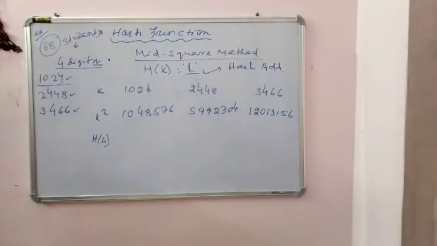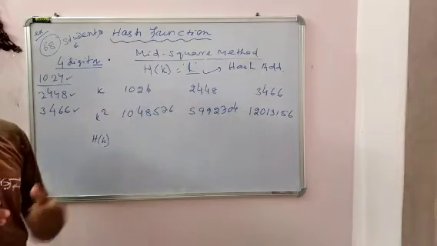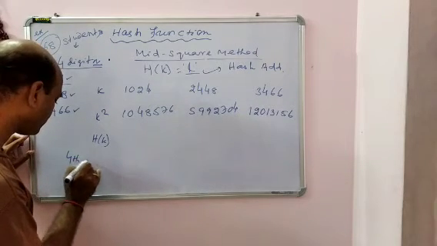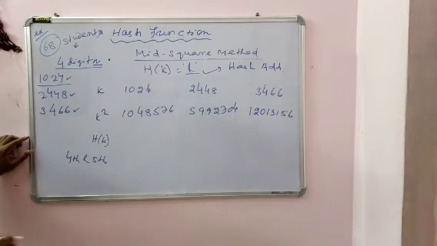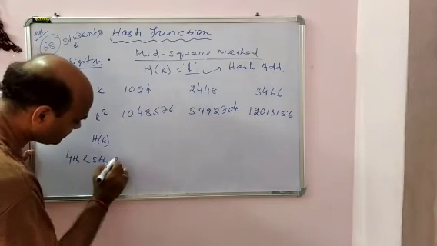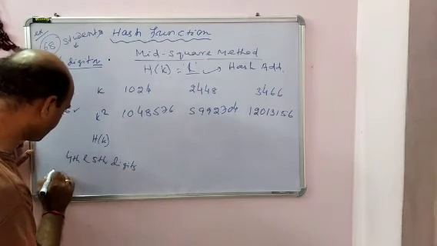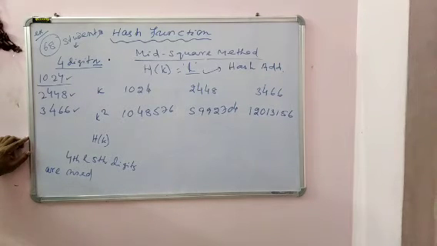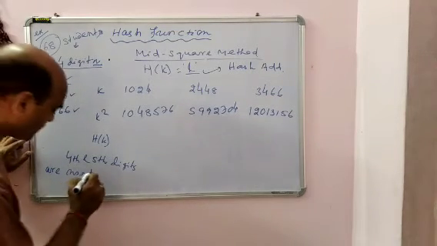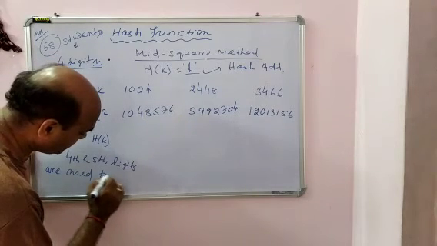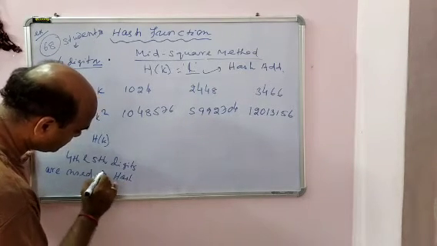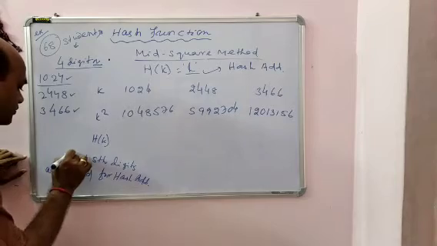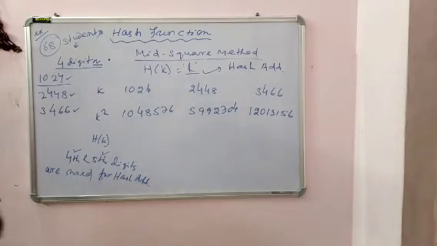Now we can apply the mid square method. Here the fourth and fifth digits are used to retrieve the hash address. For the hash address, we consider the fourth and fifth digits from the right side.